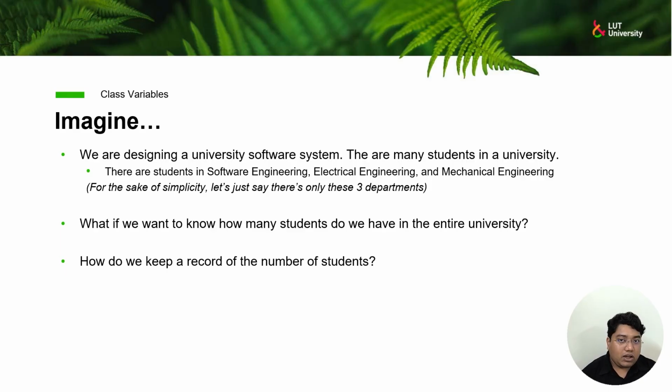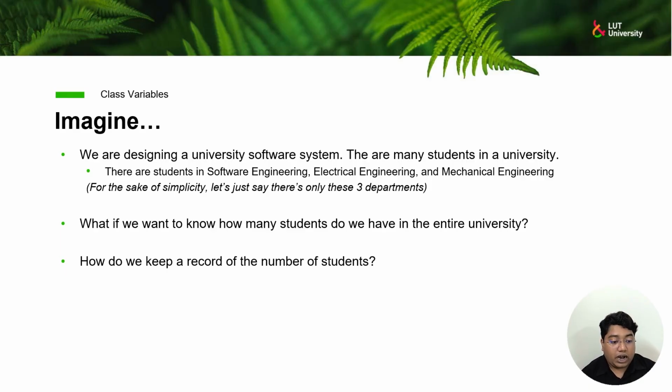So it sounds easy, but think about where that number should actually live. Every student object represents one student, but the total number of students isn't really information about one particular student. It's information about all students combined together.